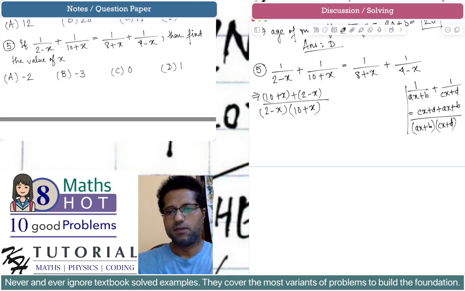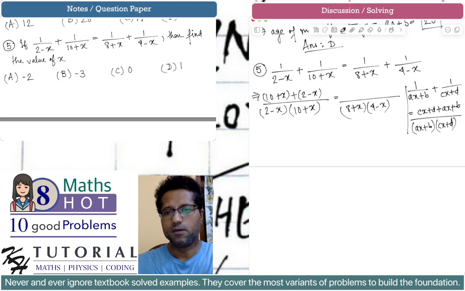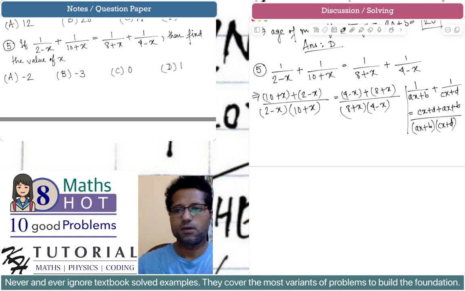Similarly, we will do the same thing. In the same way, we will add the two terms on the right hand side. So the LCM will be 8 plus x multiplied by 4 minus x, and the numerator will be 4 minus x plus 8 plus x.